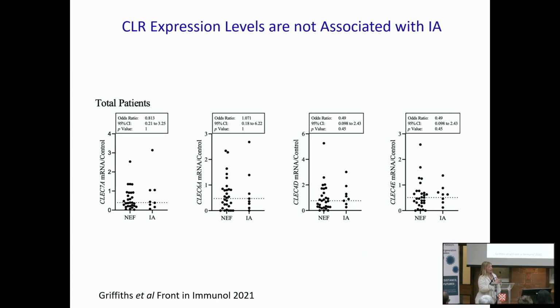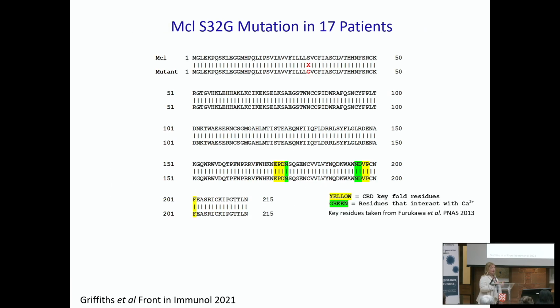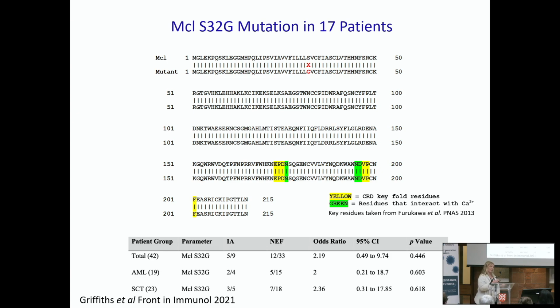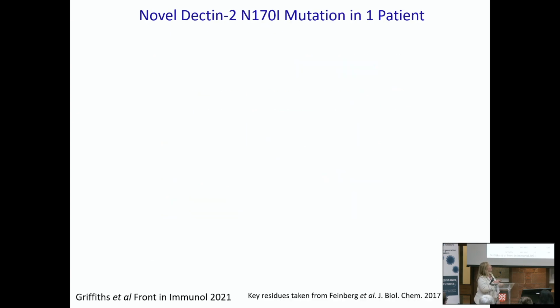So what we found is that, so these are the Dectin-1, Dectin-2, Mincle genes, and here this is invasive aspergillosis, and this is no evidence of fungal disease. We didn't see any correlation with the CLR expression level. We found a couple of SNPs in the CLRs that we were looking at. One was quite common, this point mutation in MCL, but we didn't find, again, any correlation with development of invasive aspergillosis.